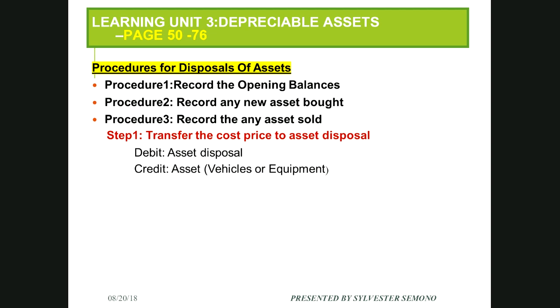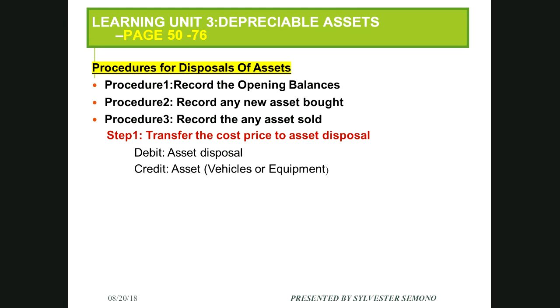Procedure number 3, I'm going to check if I sold any asset in the year. So the minute I sell the asset, I need to follow the steps to sell the assets. Does this procedure number 3 make sense? Now, don't worry about the accounts for now. I just put them for now. Don't worry about debiting and crediting, because if you worry about them, you'll end up memorizing it.